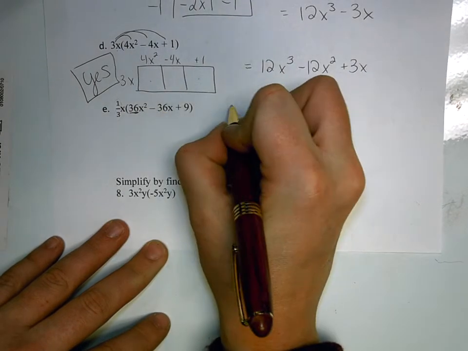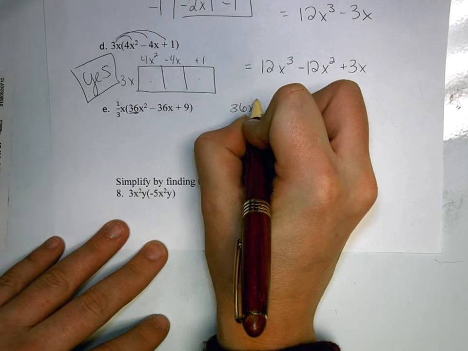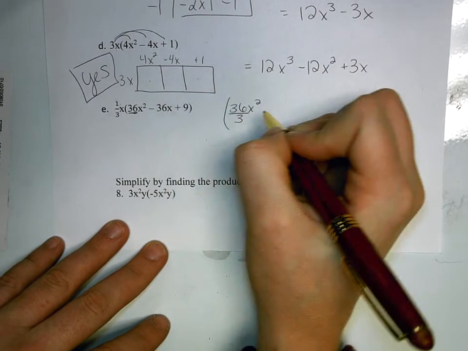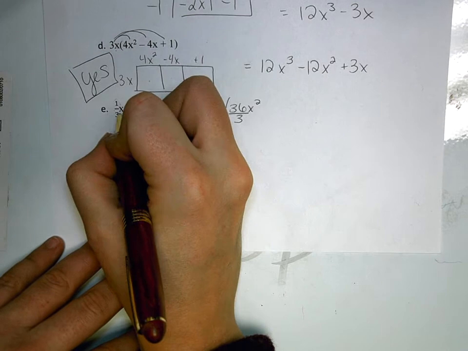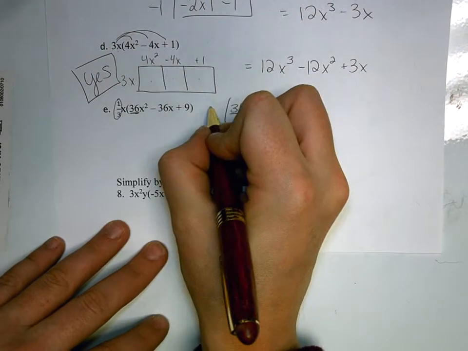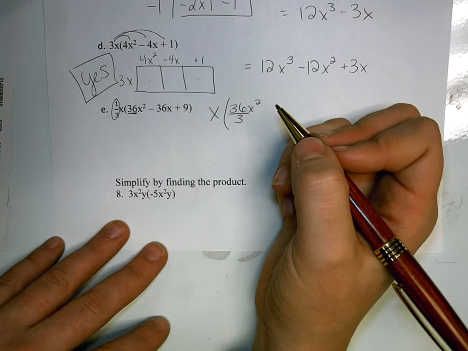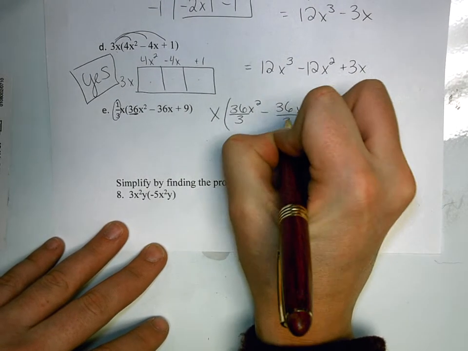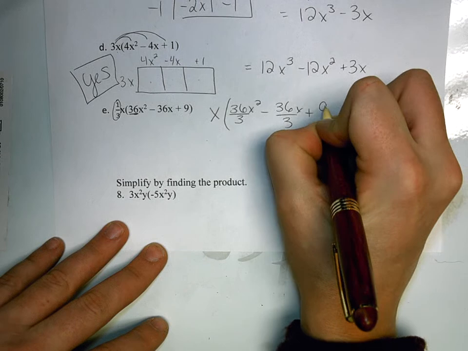So I'm going to take 36x squared, divide by 3, divide each of these by 3, and I'm only going to deal with my fraction out in front right now, so I'm going to leave that x term out in front. We'll deal with it at the end. So each term I'm going to divide by 3.